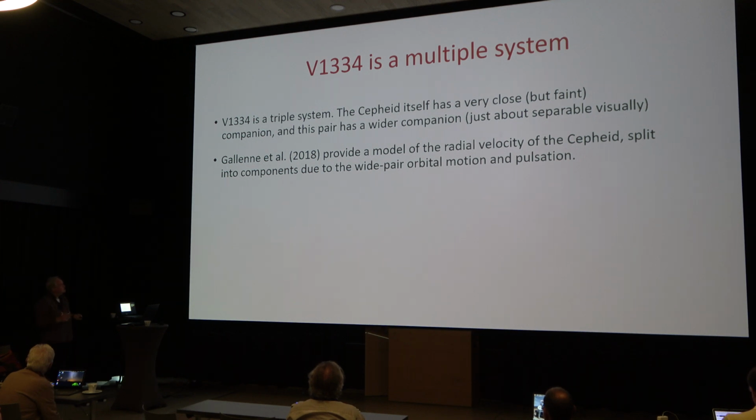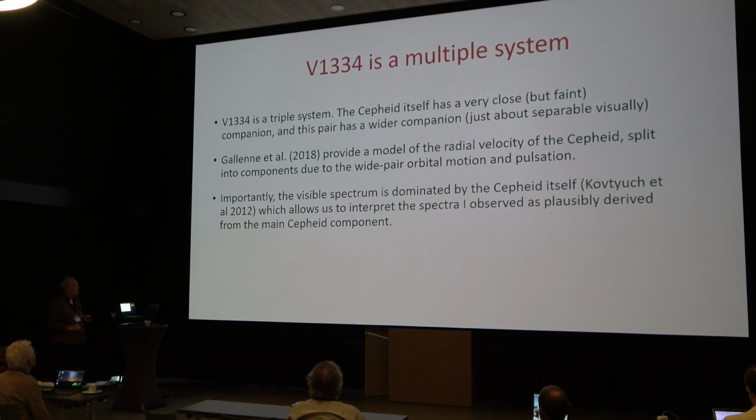So Gallenne et al. provided a model of the radial velocity of the Cepheid split into components due to the wide pair orbital motion and the pulsation. Okay? So this is what I made use of. And in case you're concerned about the third component, I was reassured, and Gallenne et al. were reassured, that the visible spectrum is dominated by the Cepheid itself. So that faint, tightly coupled companion is not hugely significant here.